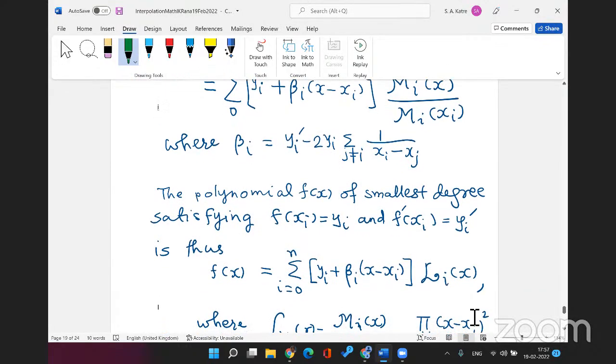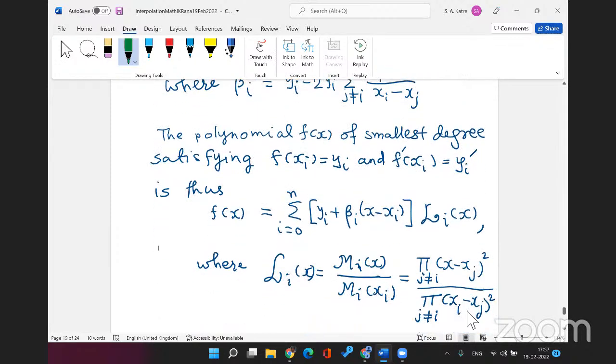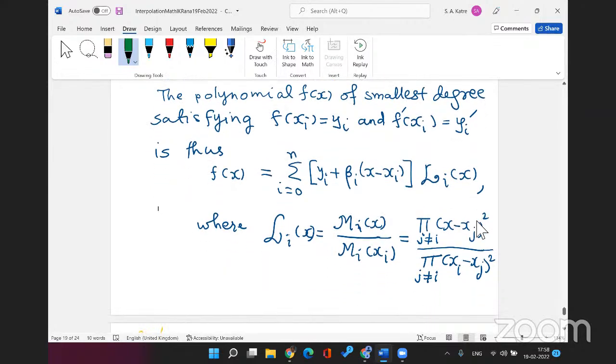So this is the final formula, which is the simplified formula as compared to the original Hermite formula. And capital L_i, this is script L_i I have written, is the square of the Lagrange polynomial. Capital L_i is product (x minus x_j) square upon product (x_i minus x_j) square. So this is the simplified Hermite interpolation formula which I have obtained.